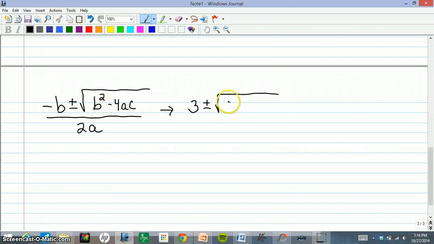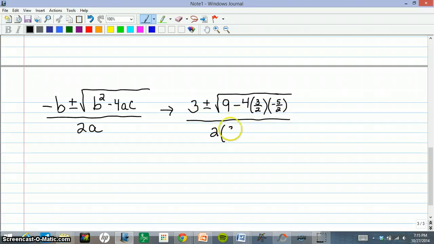Negative 3 squared is 9, minus 4 times a. I'm going to write this out because we have some fractions, times negative 5 halves. Make sure I don't get messy here. All of that divided by 2 times our a value, 3 halves.